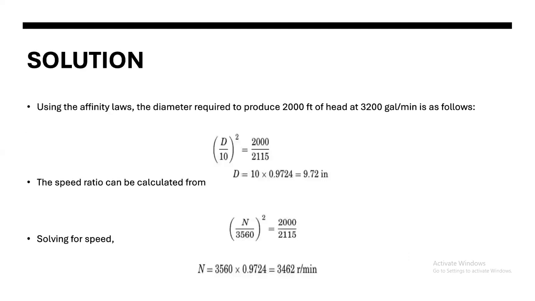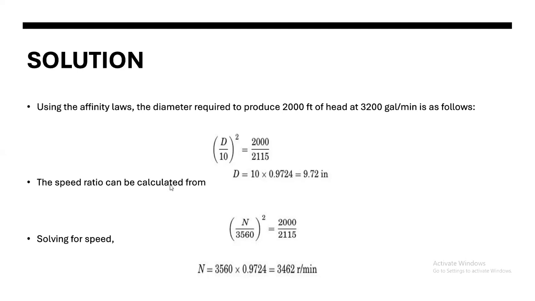So which means our ratio is 2,000 over 2115. Then we get our D is equal to 10 times 0.9705, which is equal to 9.72. Which means this over this, then to the power of 0.5, to remove that, then multiply by 10, you get that.